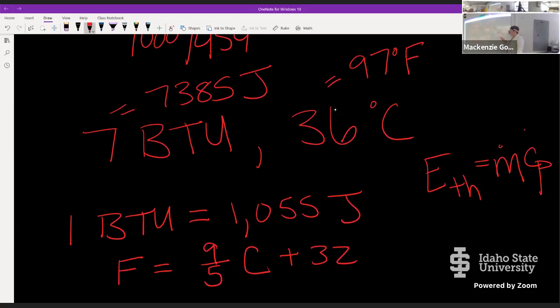No. So you either have to change this to what? Joules, or this to what? Pounds per second, or pounds per minute, whatever unit I gave you the other one in.